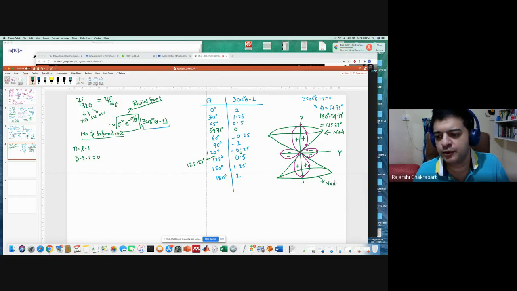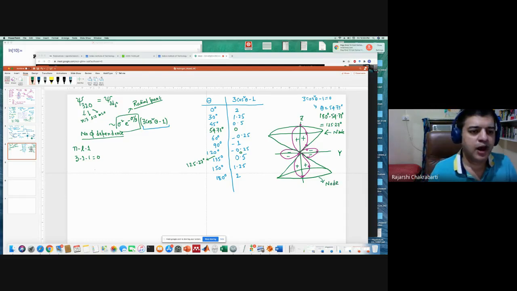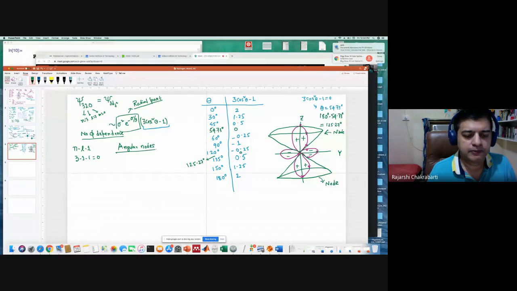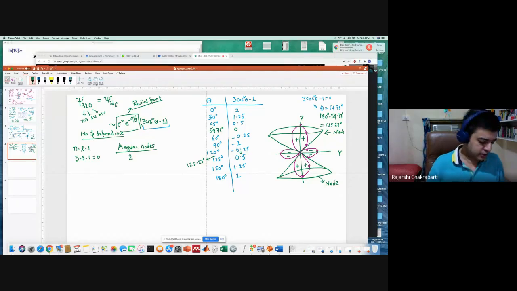So how many angular nodes? These are angular nodes. So how many angular nodes are there? 2. Okay, so angular nodes, there are 2. And what is the rule here, Devojit?